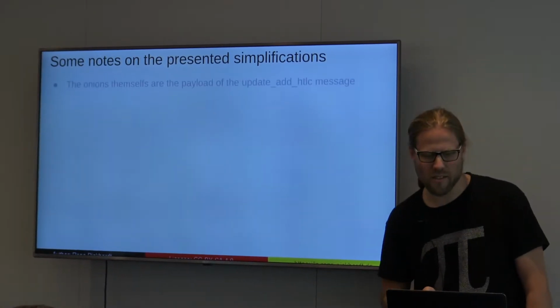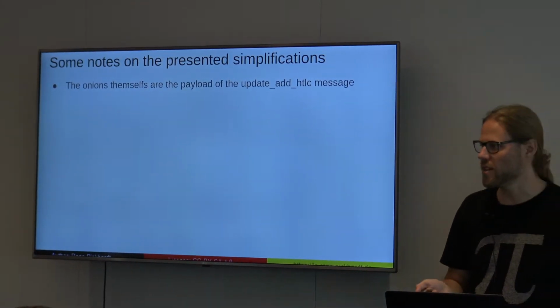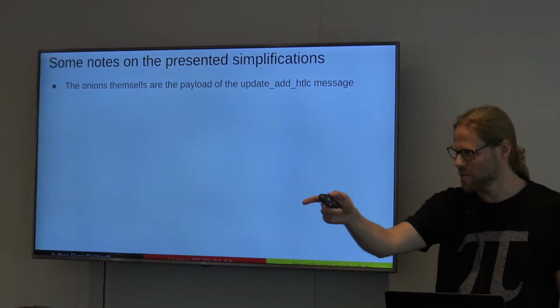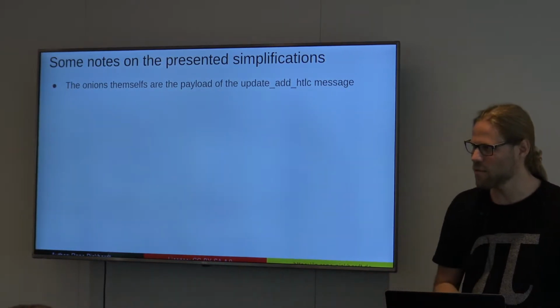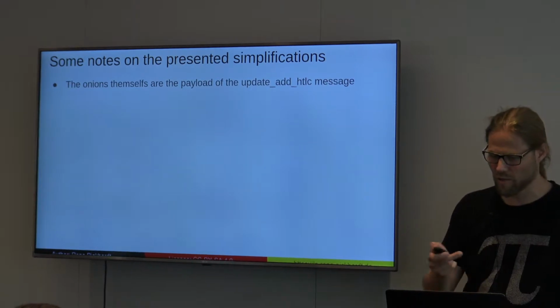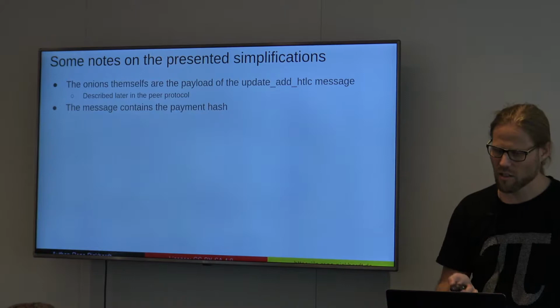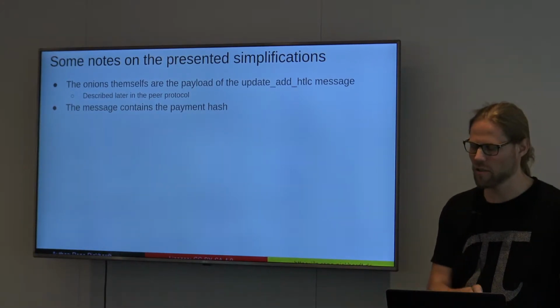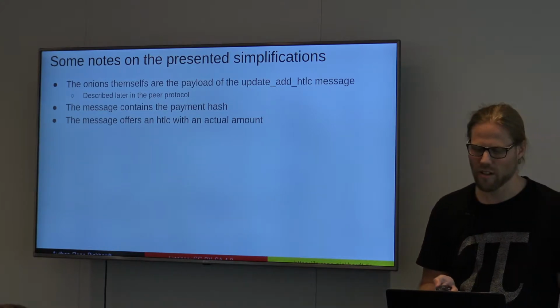So some notes on the presented simplifications. The onions themselves are the payload of the update_add_htlc message. And that answers both your questions from before. We will look at this afterwards, but this is really where the onion is transported. The update_add_htlc message also contains the payment hash, and it offers an HTLC with an actual amount.